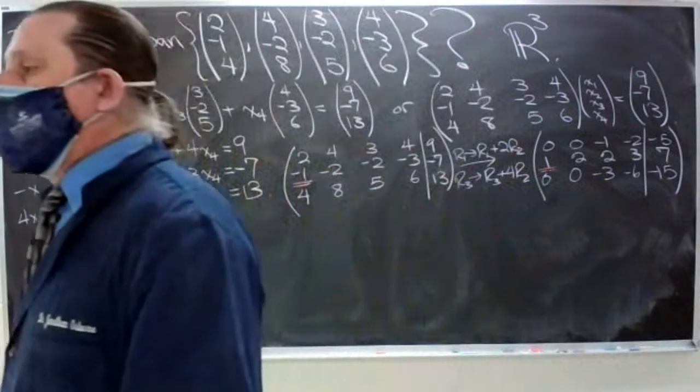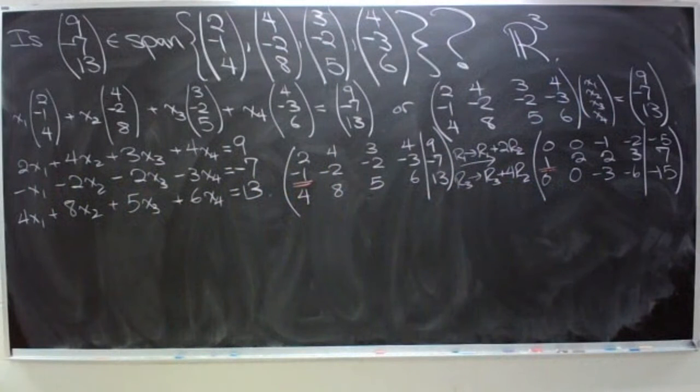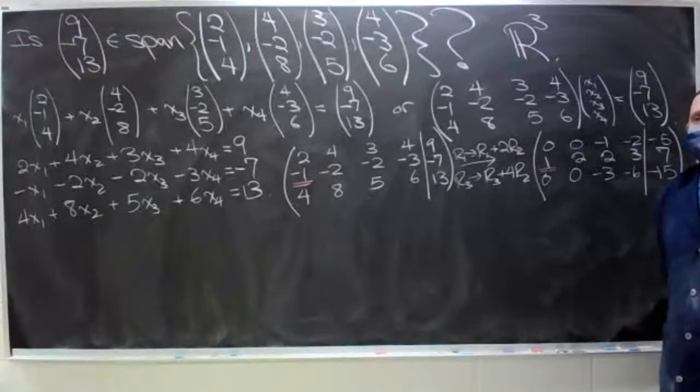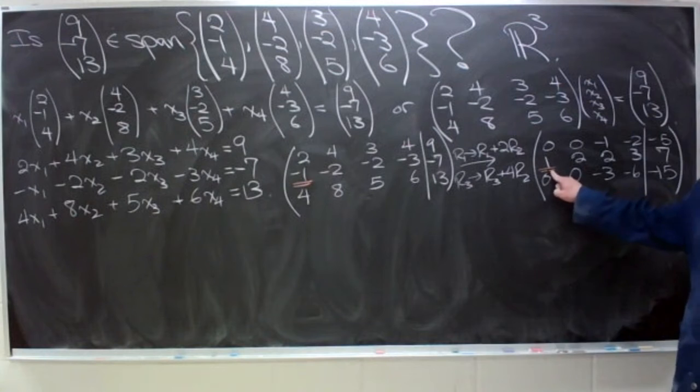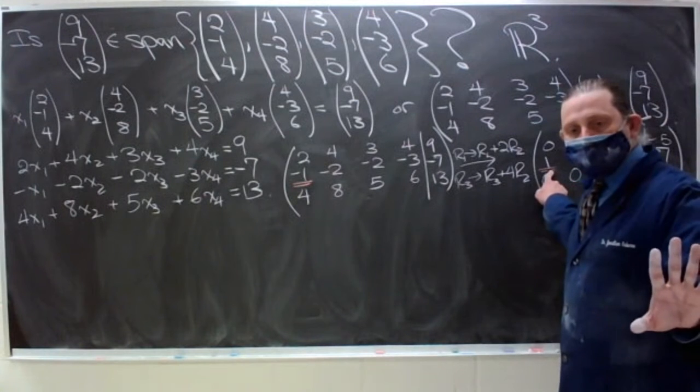We would effectively be saying, now we're going to dedicate equation 2 to x2. But that's not appropriate. You can't dedicate an equation. This equation is already dedicated to x1.